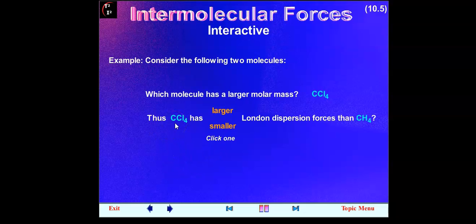Thus, does carbon tetrachloride have larger or smaller London dispersion forces than methane? Methane is CH4. Of course, you have to look at the molar mass.